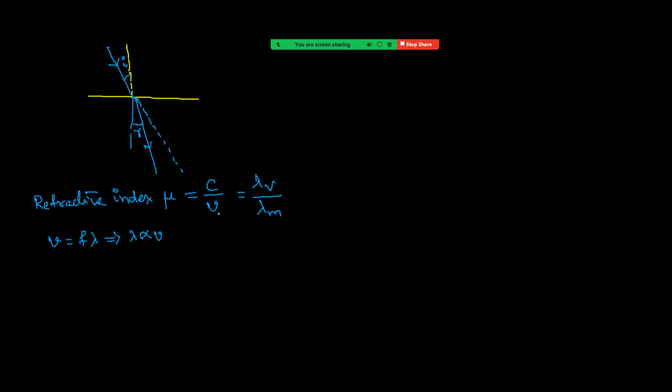And we are knowing that speed of light is maximum in vacuum, that is C. So if we take any medium, its speed is less than C. So V value is less than C. That means this ratio will be greater than 1. That means for any substance, refractive index is greater than 1. So from this we can write for vacuum, refractive index for vacuum, it is 1, because C by C. Okay.